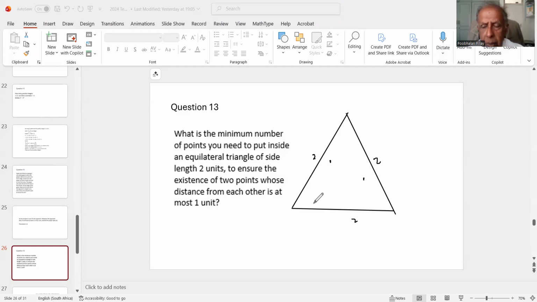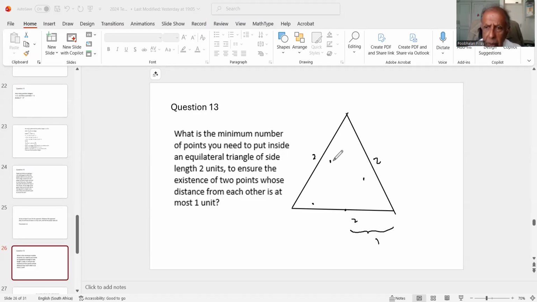I can put these 3 points quite far apart, and then you will see that you cannot find 2 points. Here, 1 is halfway through. This length here is 1.